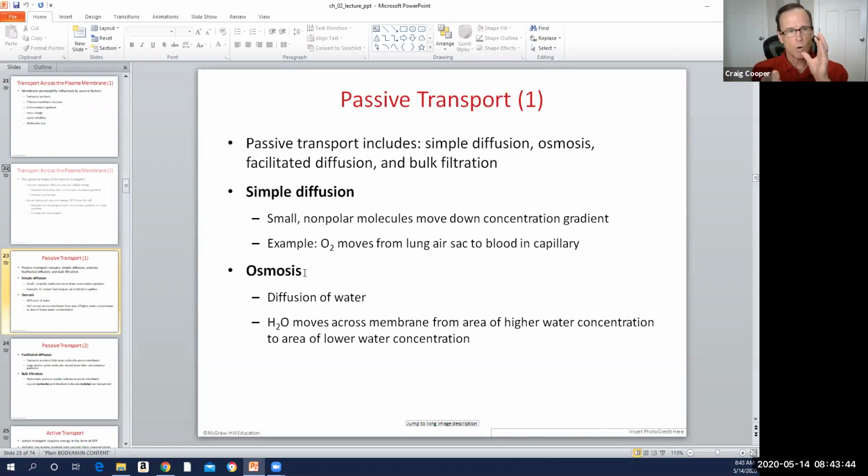We drink that seawater, it gets absorbed across our intestine and moves into the bloodstream. Now our blood is really salty relative to the surrounding tissue. And so when that salty blood flows past cells that have some water in it, there's more salts in the surrounding fluid than there is in the cell.